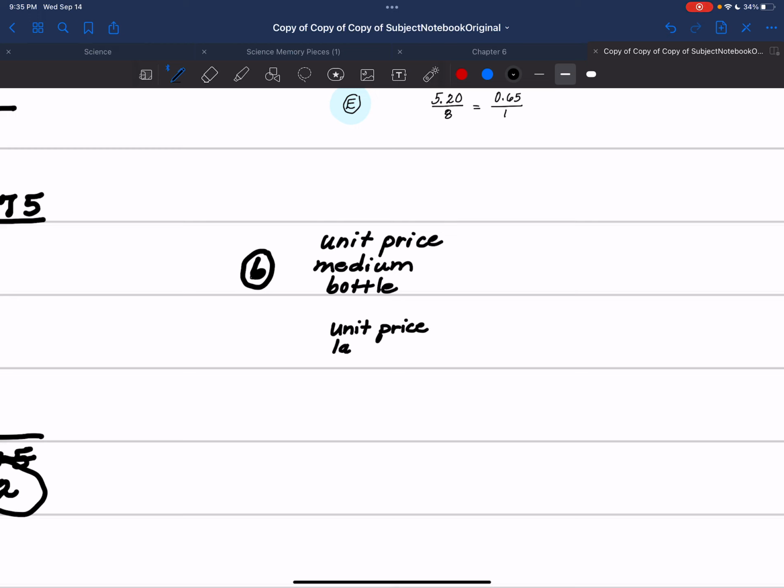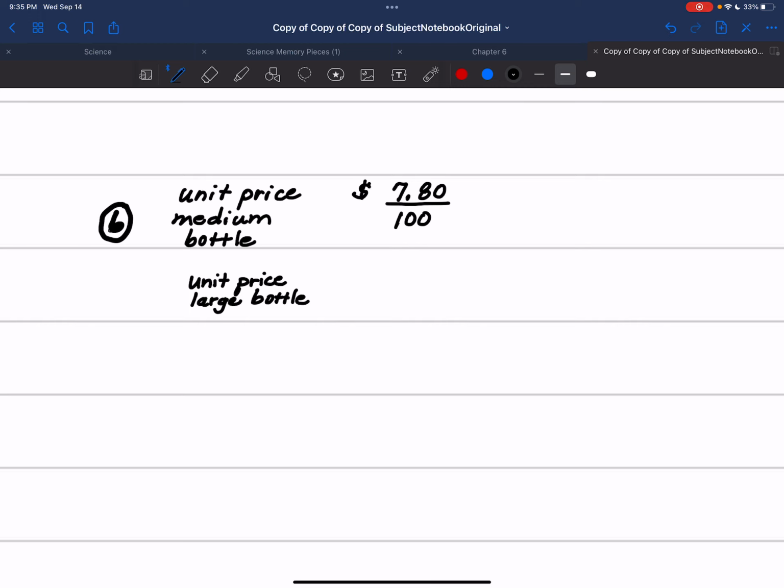Okay, the unit price for the medium bottle. So I look up there and I find medium. We have $7.80 for 100 tablets. So I'm doing dollars per tablets. So for 1 tablet in this bottle, we have 0.078.